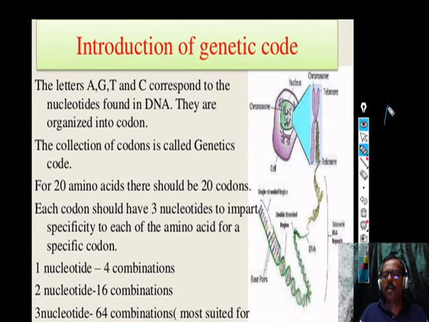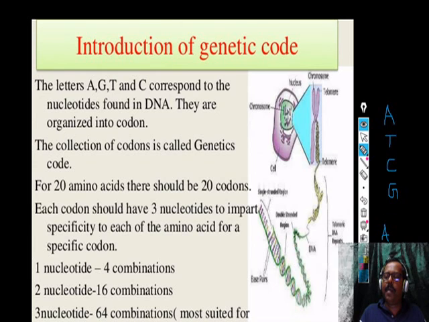A for adenine, T for thymine, C for cytosine and G for guanine. This is the DNA bases, and in RNA, A stands for adenine.